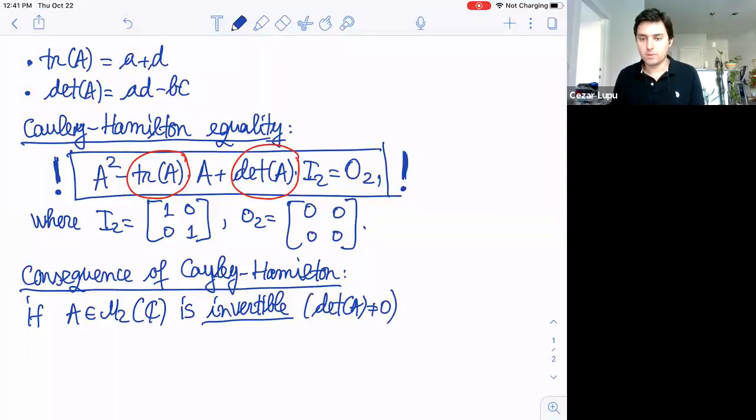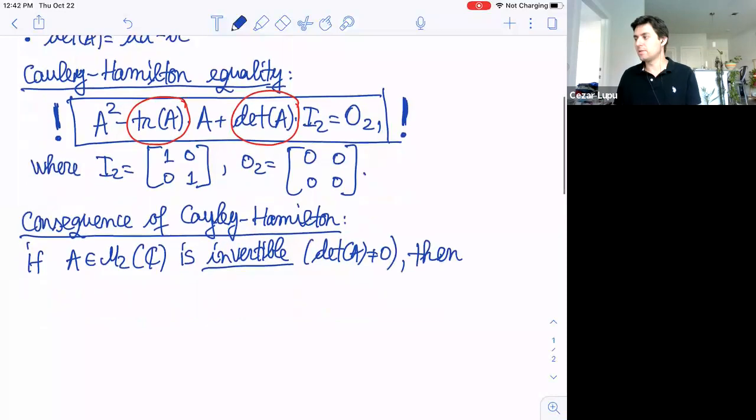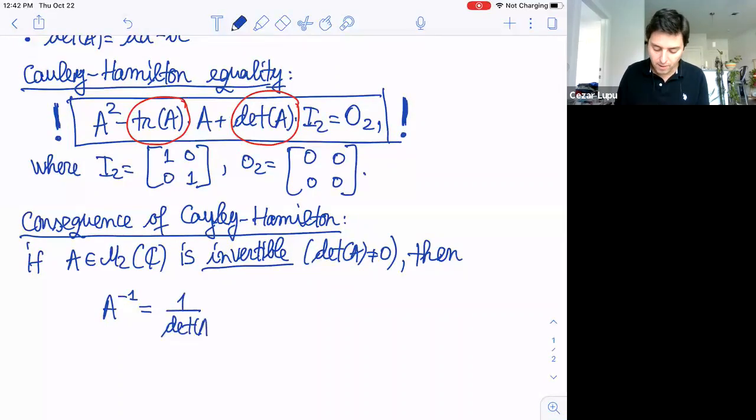Those of you who have taken a linear algebra course know how to compute this. There are plenty of ways to do it, using elementary transformations or using the adjugate of a matrix and so on. Then from this equality, we can express the inverse in the following way for 2 by 2 matrices: it will be 1 over the determinant of A times a quantity which is nothing else than the trace of A times the identity minus A.